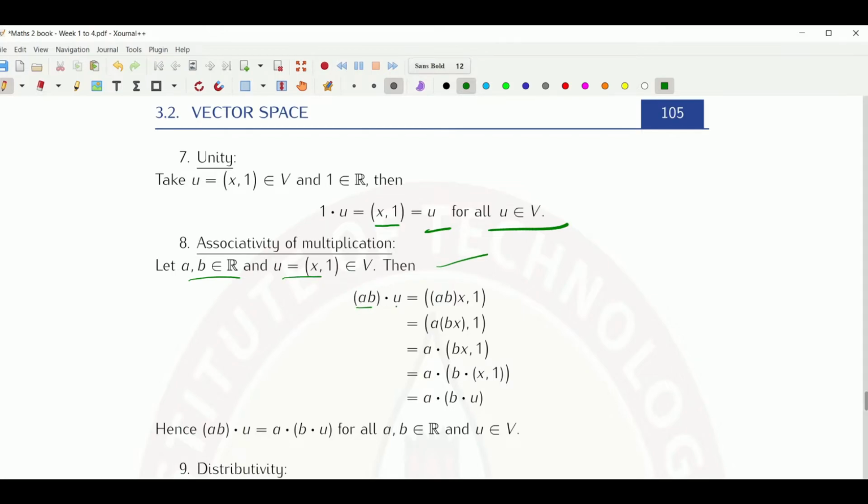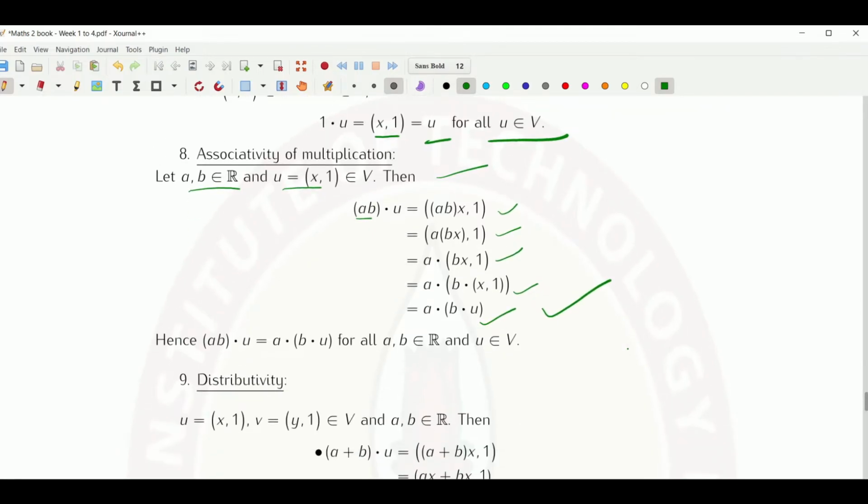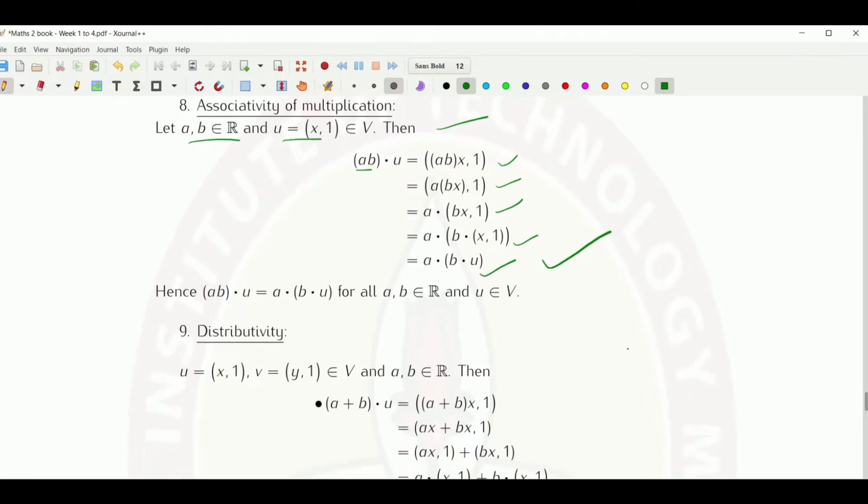Then ab dot u is equal to (abx, 1), and a dot (bx, 1), that is a dot b dot (x, 1), a dot b dot u. This is associativity of multiplication, also fulfilled. Hence ab dot u is equal to a dot b dot u for all a, b and u.